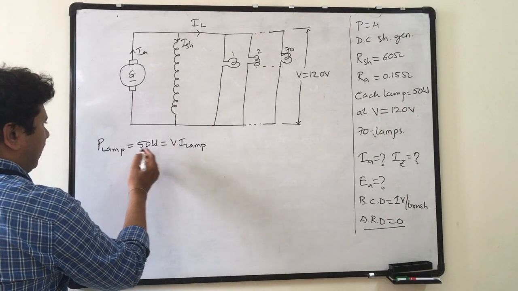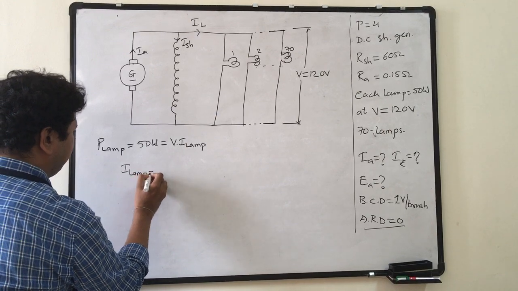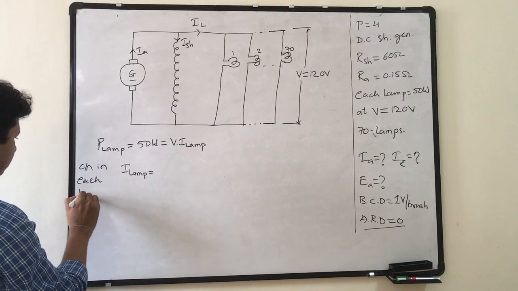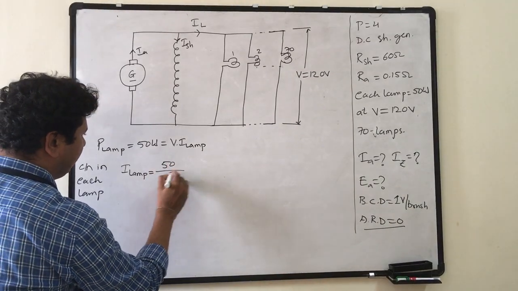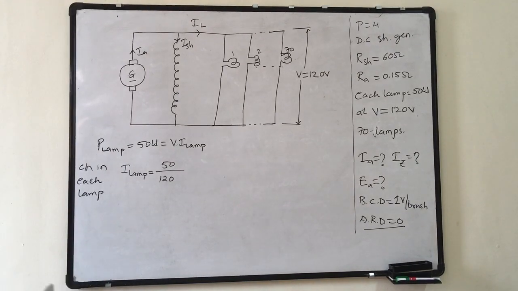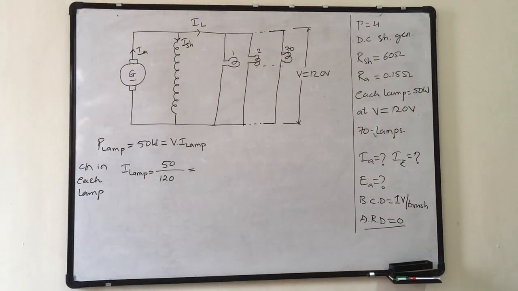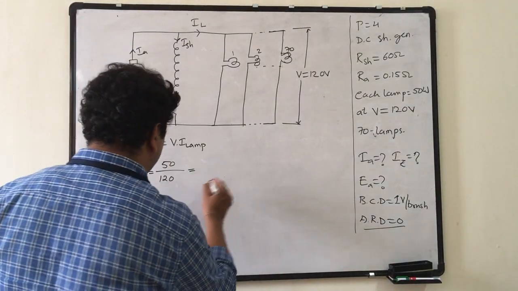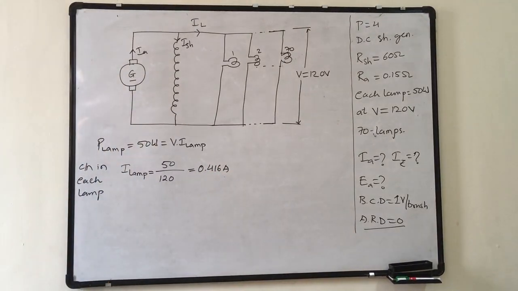So I know power, I know voltage, I can get current in each lamp: I lamp is equals to 50 divided by 120 volts, which comes out to be 0.416 amperes.